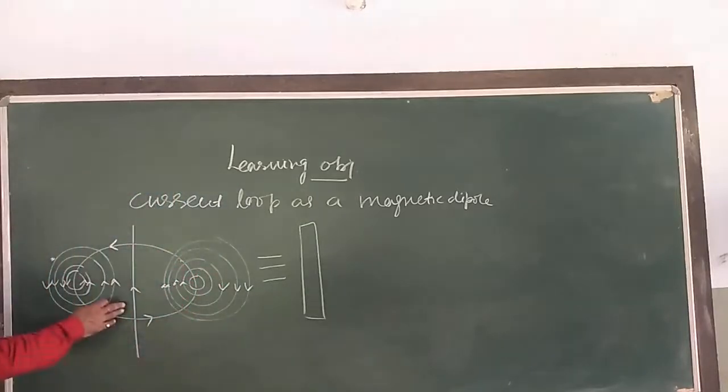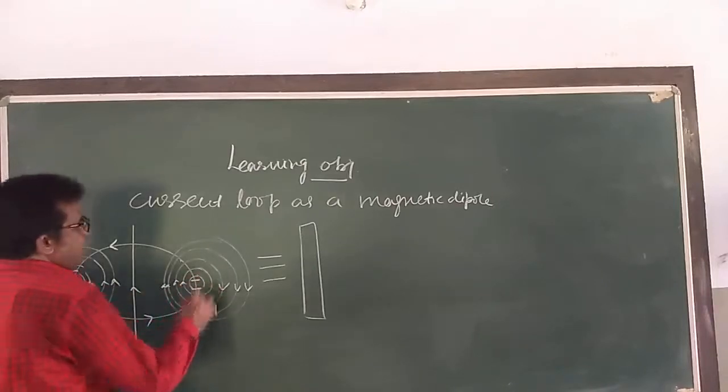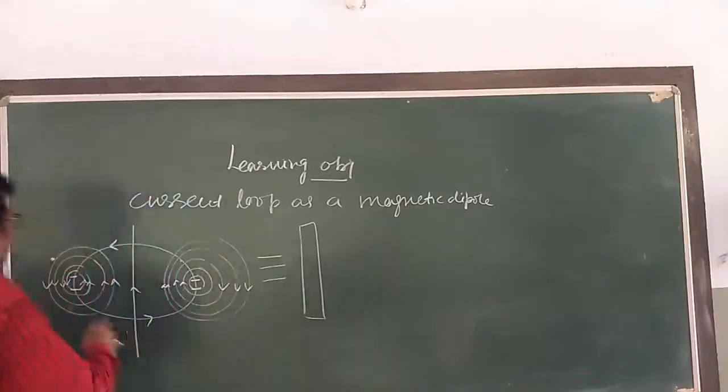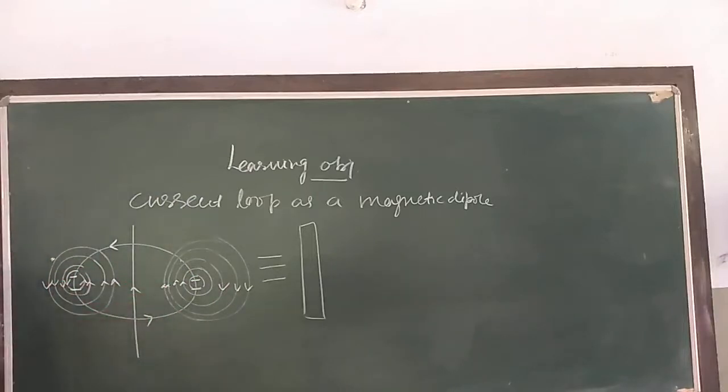Dear children, the magnetic lines due to each elementary portion of the circular coil are circular near the element, and almost straight near the center of the circular coil.